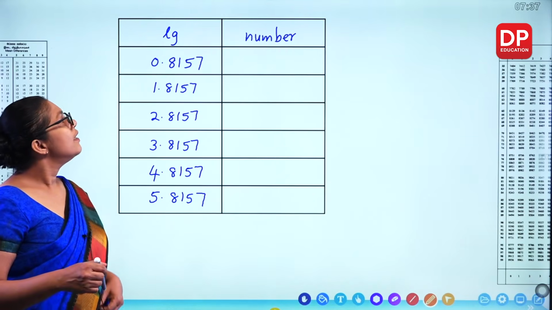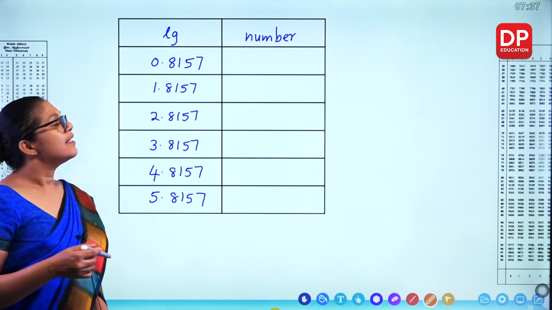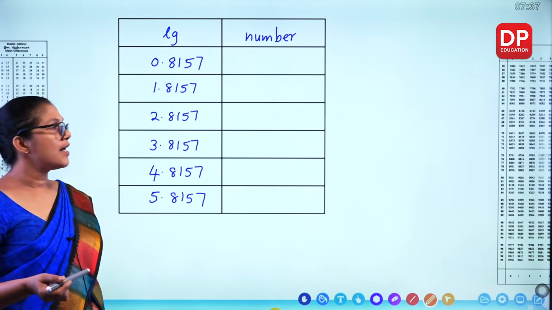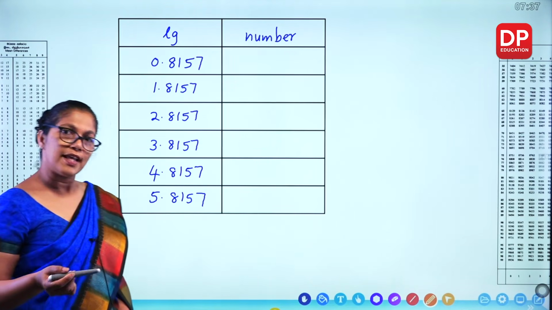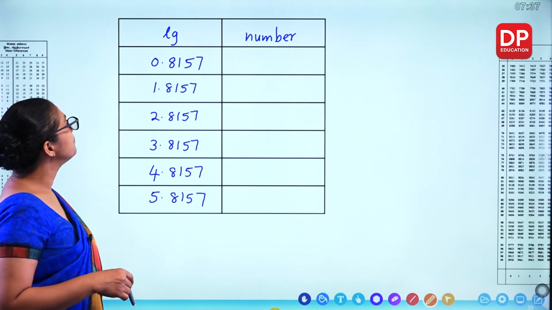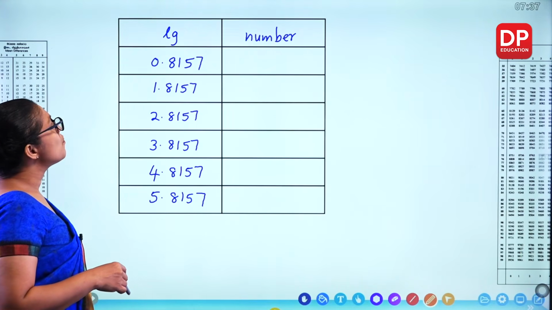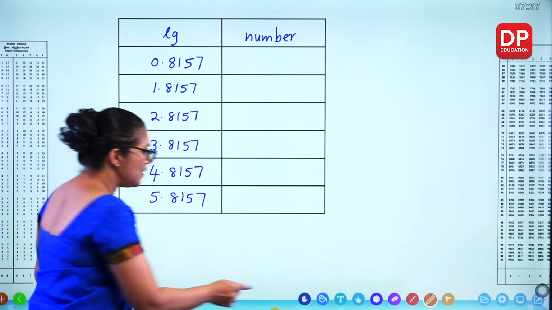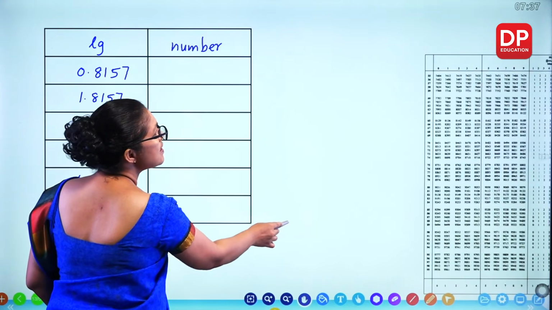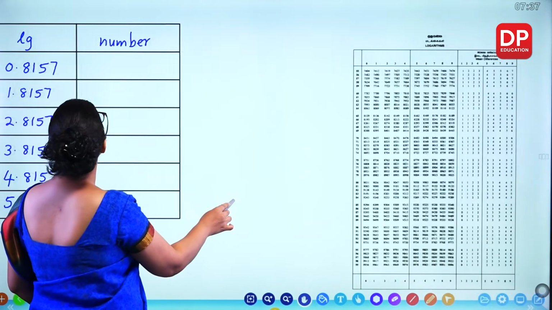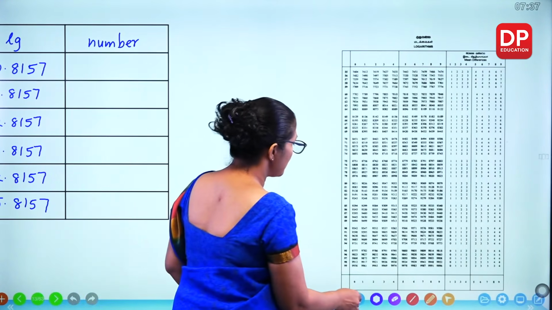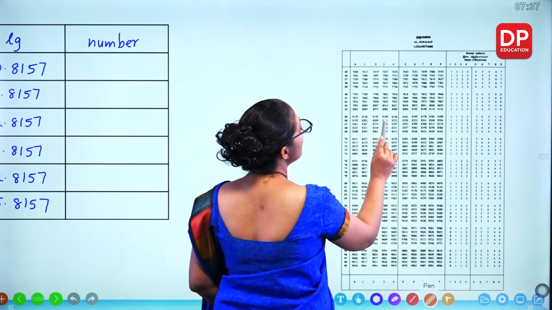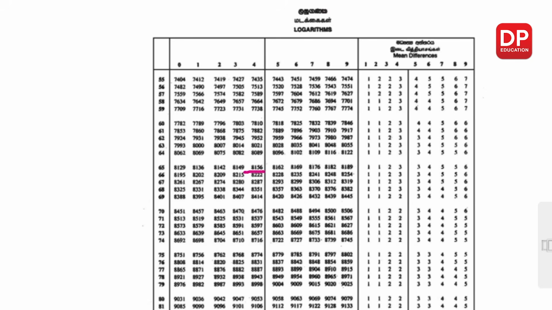Now, again, you have been given the logarithmic value and you are asked to find the number. So, that's the anti-log value. 0.8157. So, 8157 we'll see from the second table. 8156 is there.